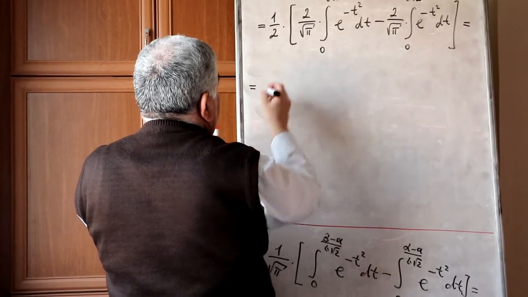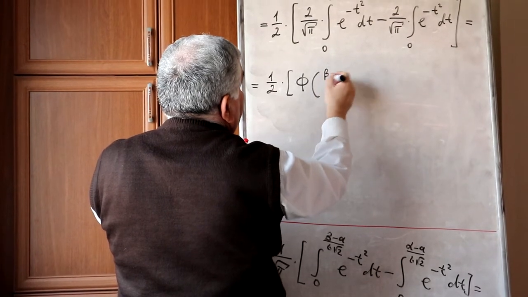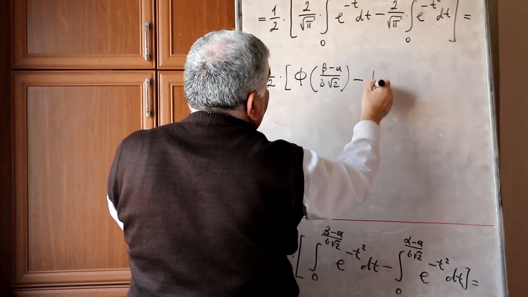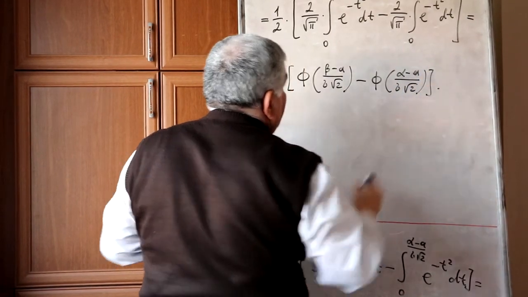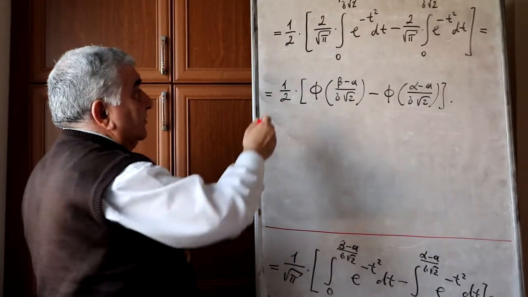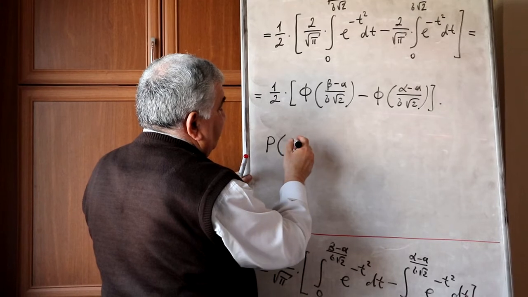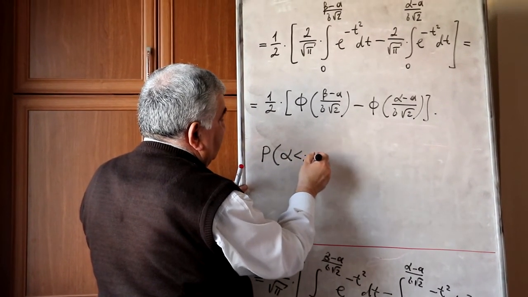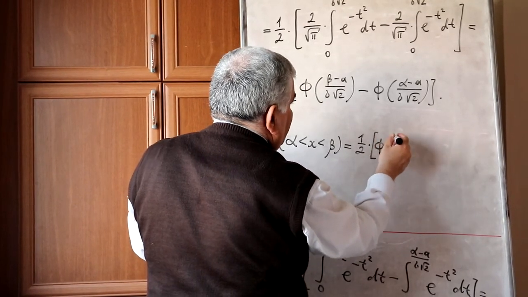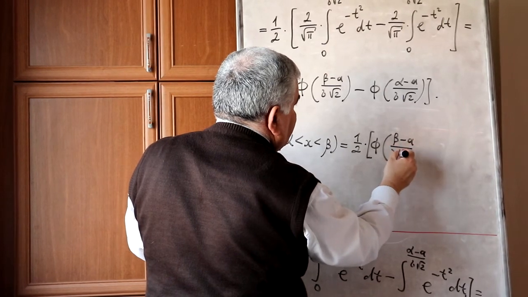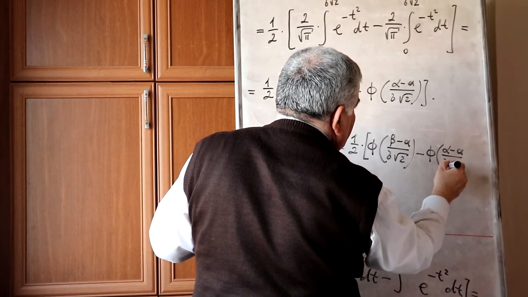It is one half, Phi of beta minus a over sigma square root of 2 minus Phi of alpha minus a over sigma square root of 2, and finally we can say that our probability P of alpha less than x less than beta equals this expression: one half multiplied by Phi of beta minus a over sigma square root of 2 minus Phi of alpha minus a over sigma square root of 2.